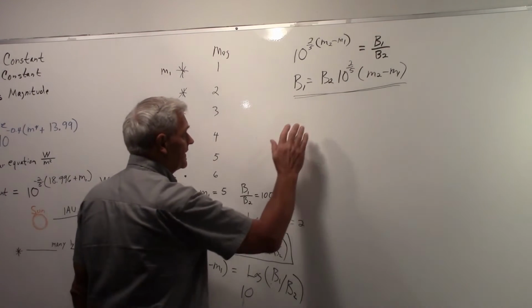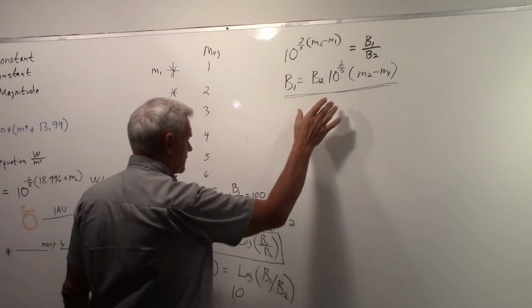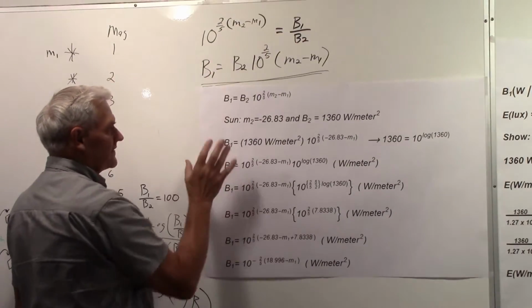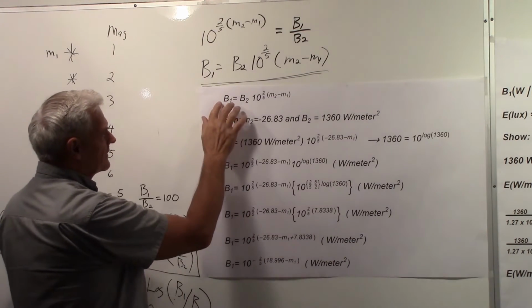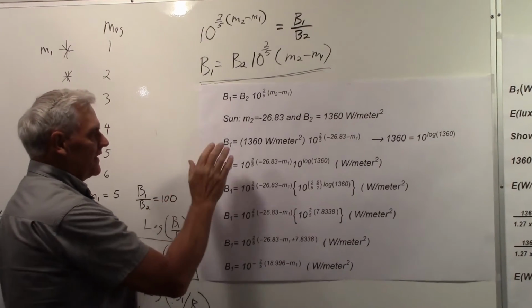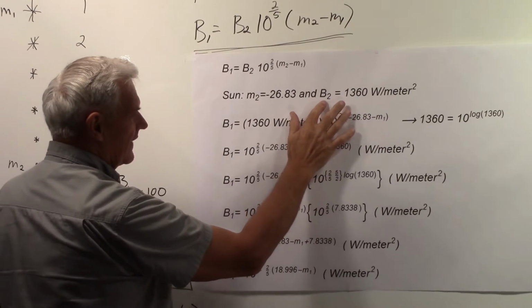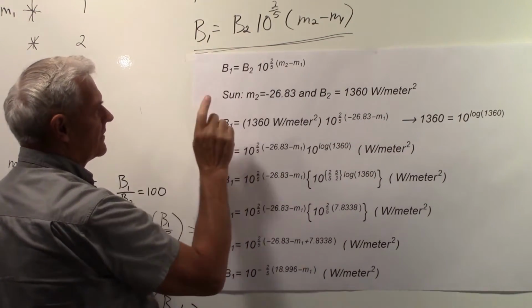So now we'll see how to get the equation we want from this one. We came up with this expression. It's not really a derivation, but it's roughly that. So here's that expression again. Now we'll take the solar constant and have that equal B2, so we're going to put that in for B2.